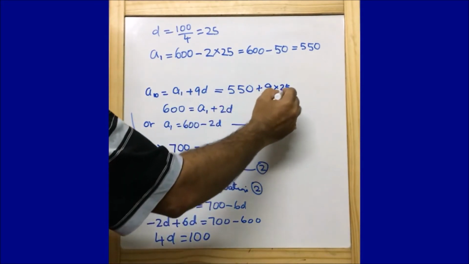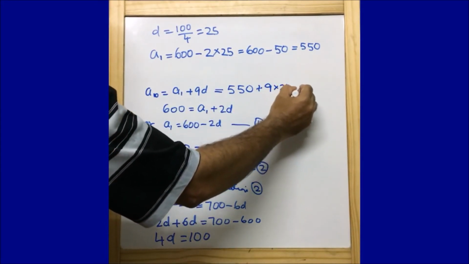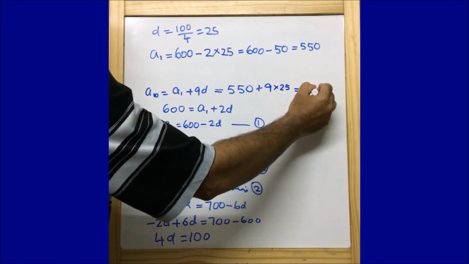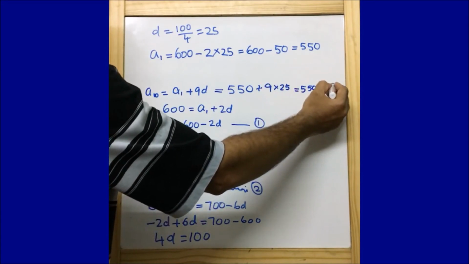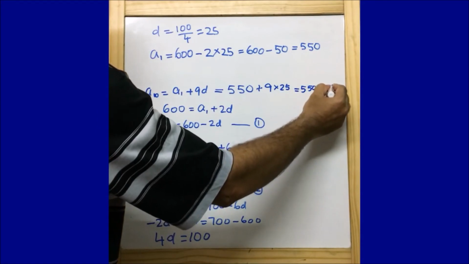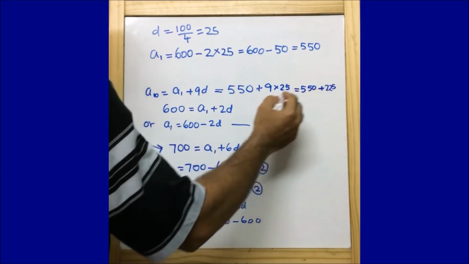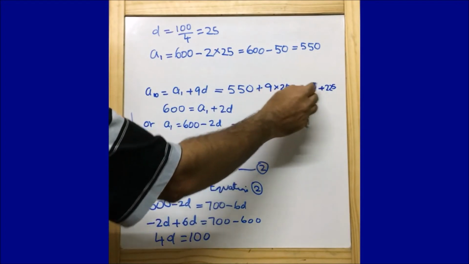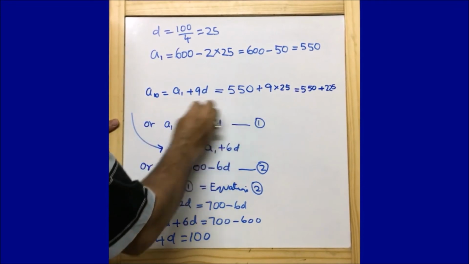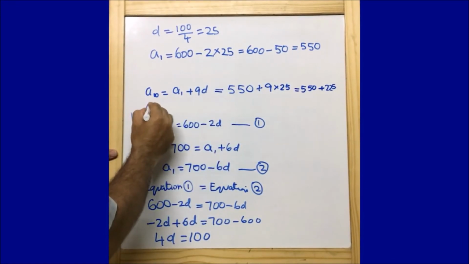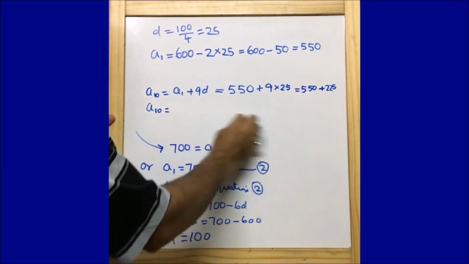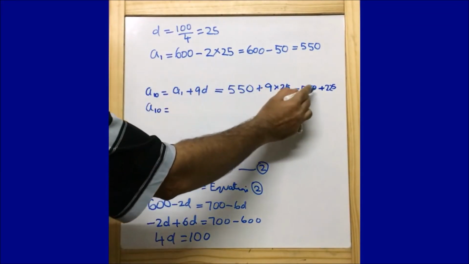So I can write that is equal to 550 plus 9 into 25, which is 225. Or I can say a10 is equal to how much? 775.